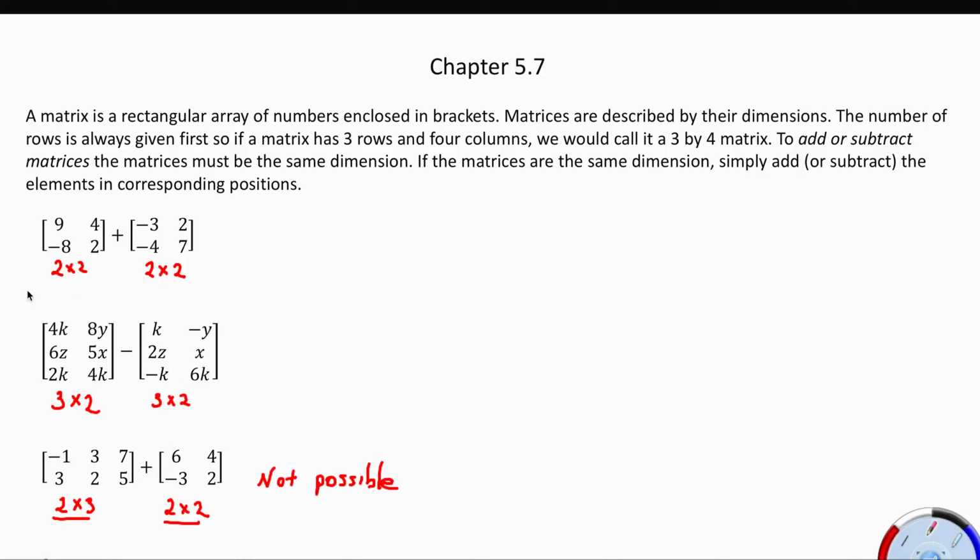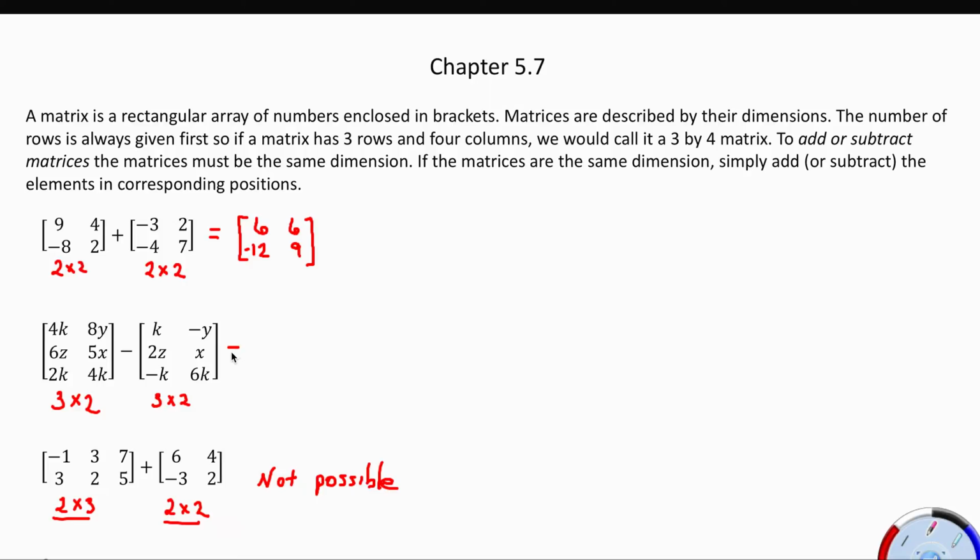If your matrices are the same dimension, then of course your answer will be a matrix of that dimension, and all you do is either add or subtract the elements in each position. So here I'd have 9 plus -3, and that would go in the same position. 4 plus 2, -8 plus -4, and 2 plus 7.